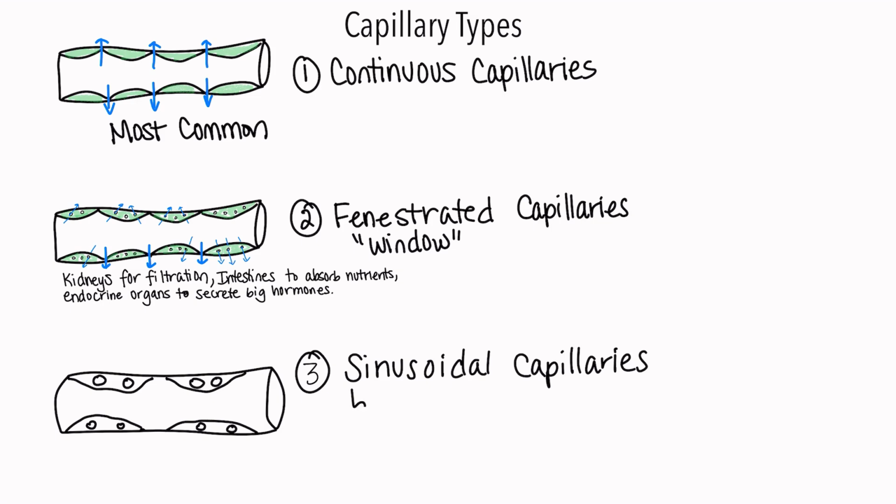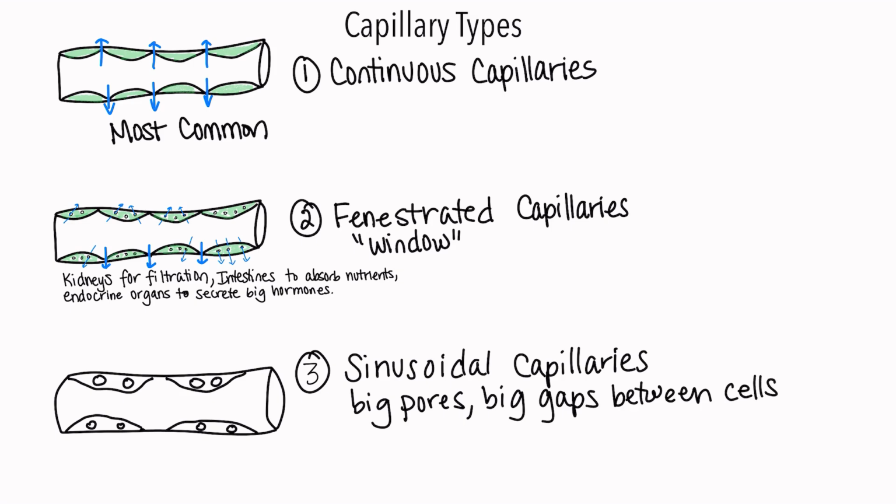And these have really big pores and big gaps between the endothelial cells. They're like a sieve. So if I put here, you can see here's the big pores and big gaps.